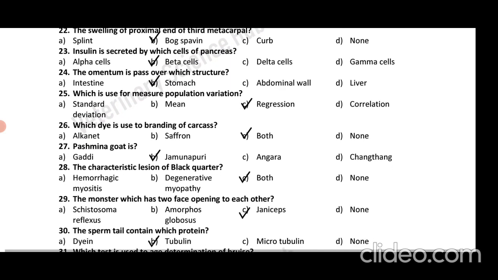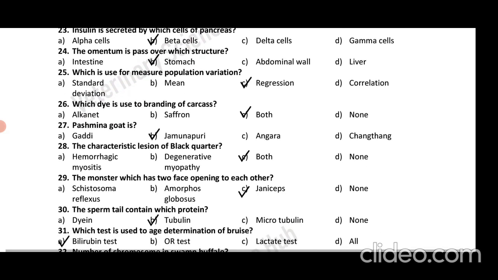The sperm tail contains tubulin. Which test is used to determine the age of a bruise? The bilirubin test. Bilirubin is the product of red blood cell breakdown. Breakage of red blood cells leads to the release of hemoglobin, which is further degraded into heme and globin.